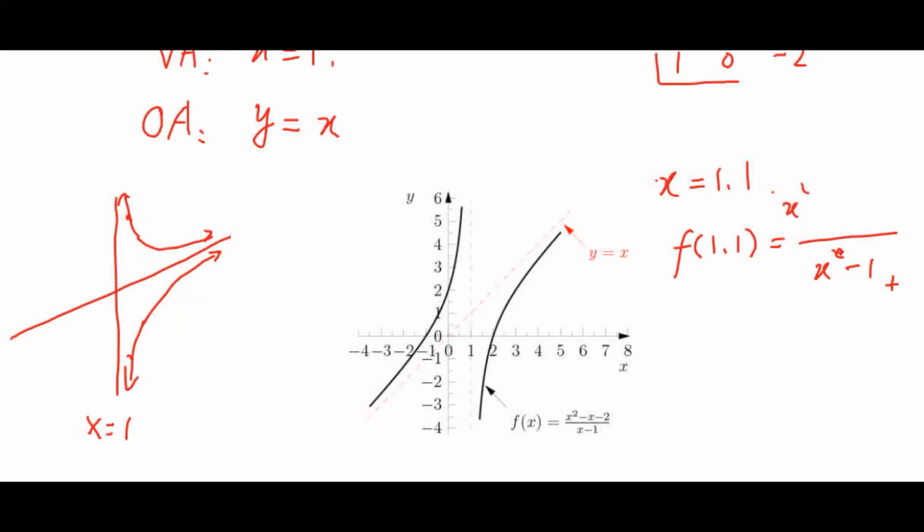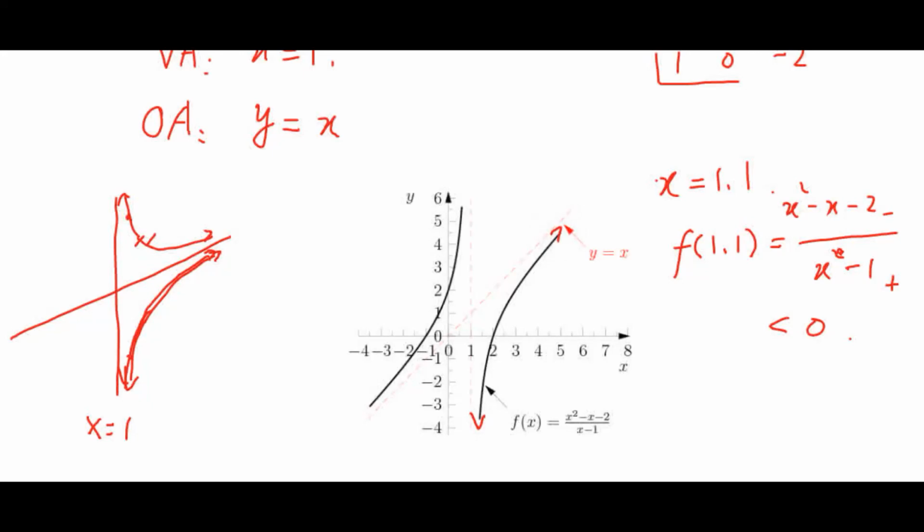For x squared minus x minus 2, 1.1 squared minus 1.1 minus 2 is negative. So the function value is negative, and we know the graph should be this part, not this one. So the graph looks like this.